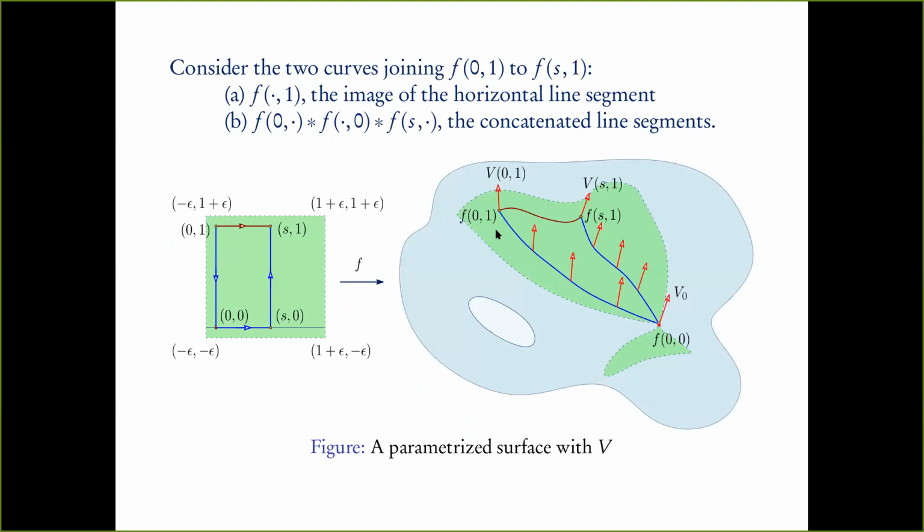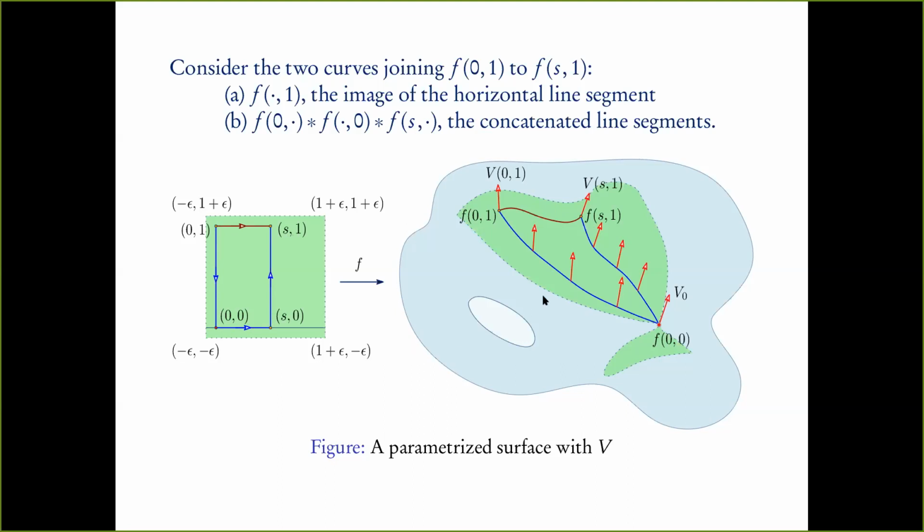And so there are two obvious curves joining this point to this point. One is this curve in dark red. That's simply the image of the horizontal line, right? There is another curve which is the blue, the concatenation of the three blue line segments. You go down, you go to the right, and then you go up, correct?